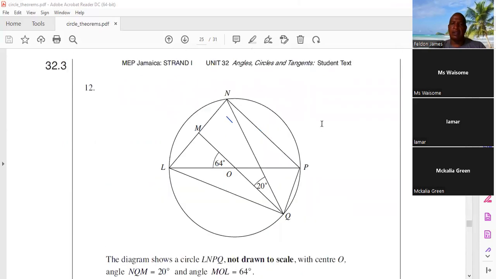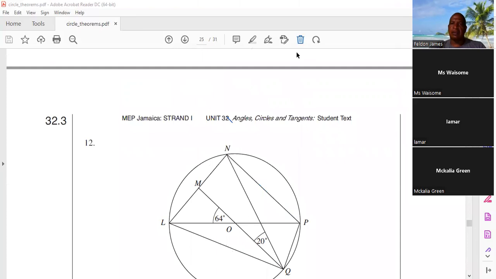NLP, right? So angle NLP. All right. Anybody have any idea how we could figure out that angle?